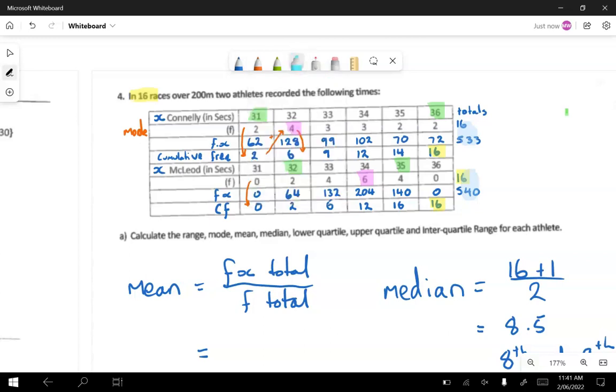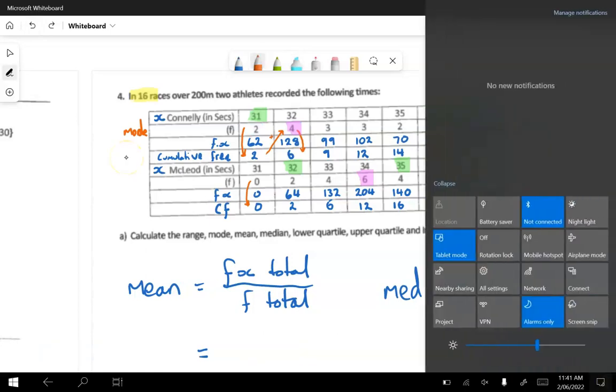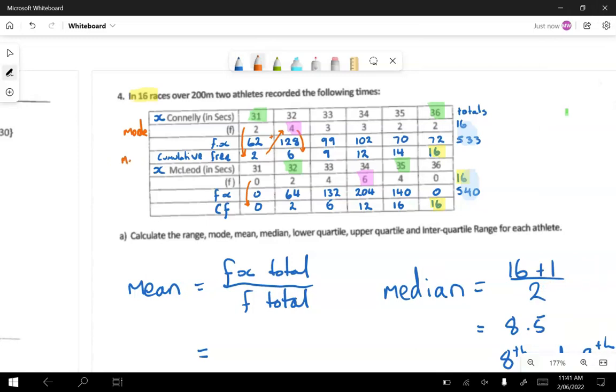So you're looking at the first and second score here, the third and fourth. Oops, sorry, I'm not reading that right at all. Just ignore that. You are going for the cumulative frequency column. So this one's for the median.